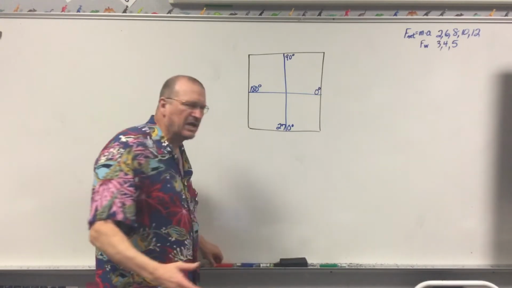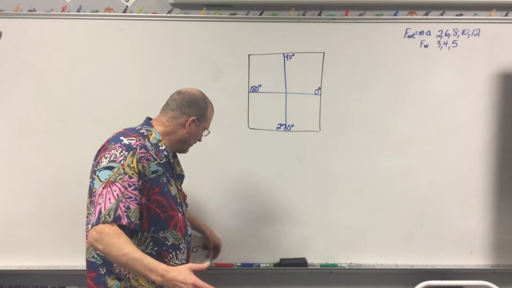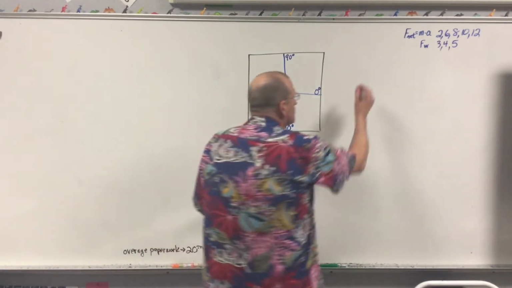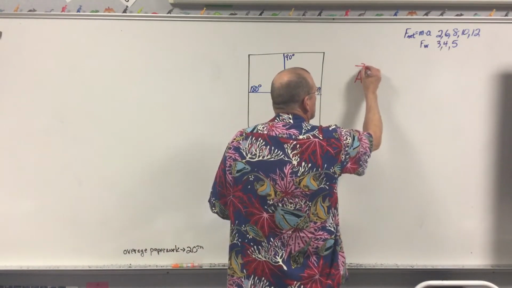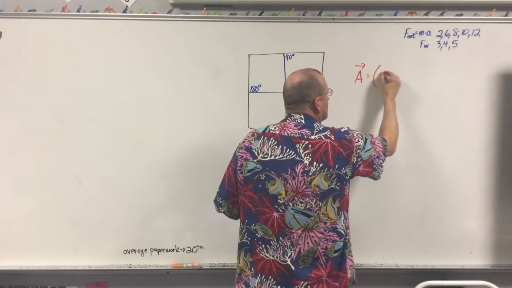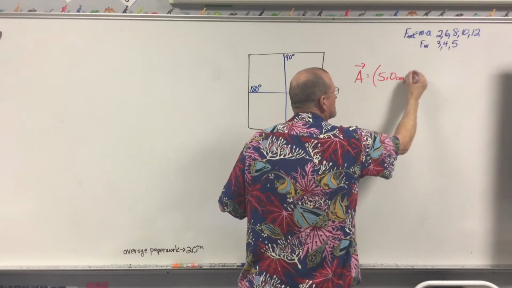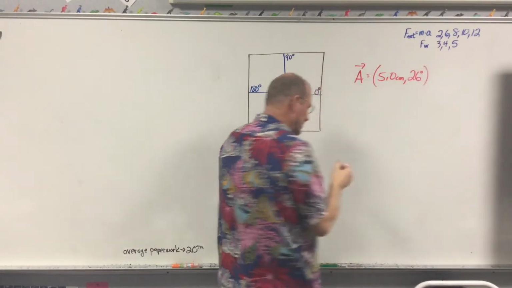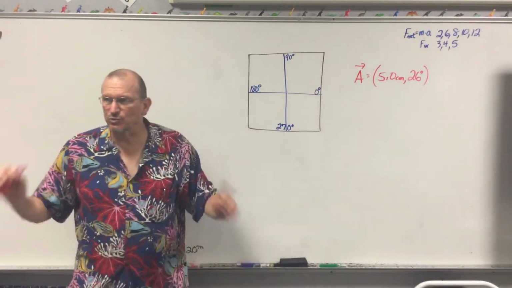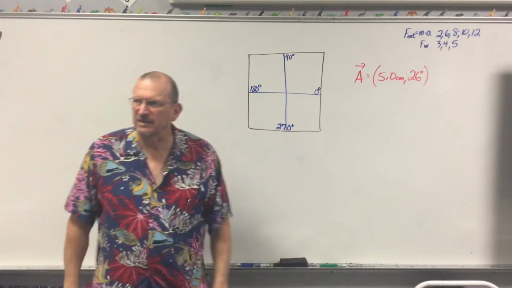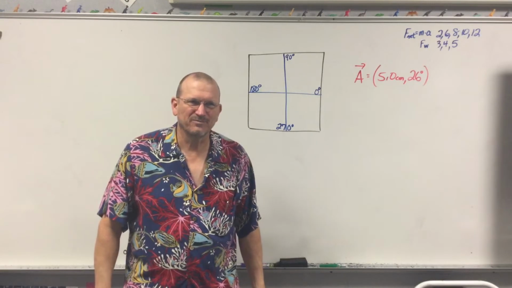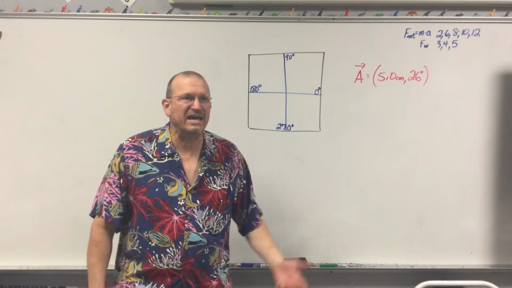Now, just for a sample, vector A is 5.0 centimeters at 26 degrees. So when you go to draw one of these vectors graphically, what's the first thing you got to measure? The angle.